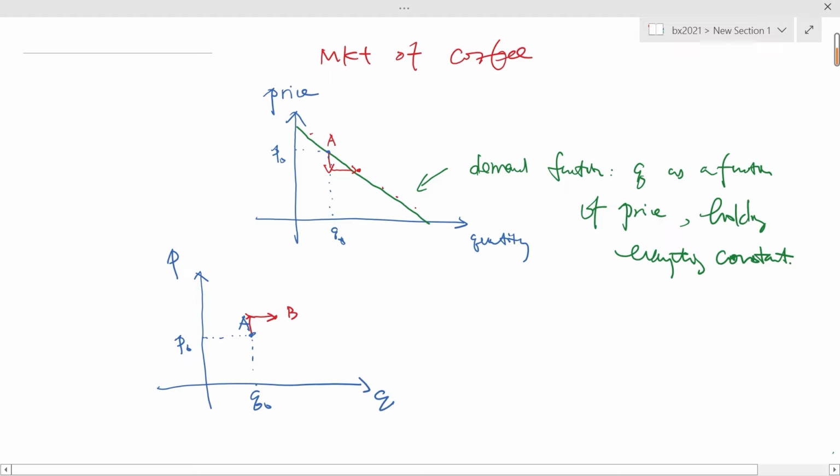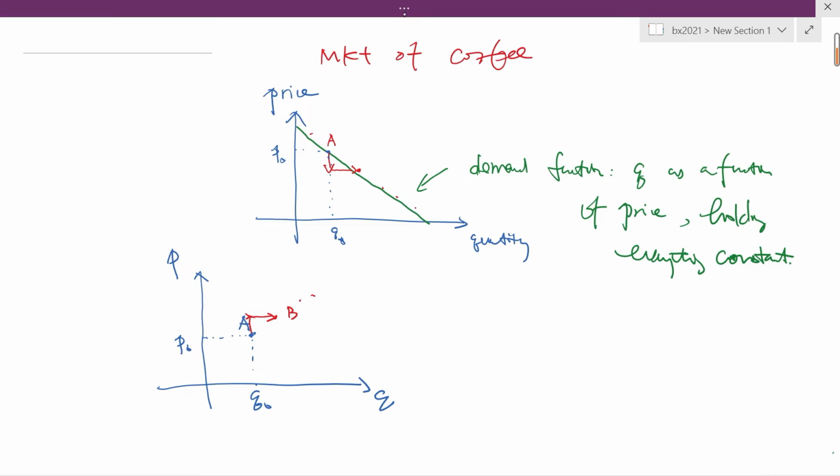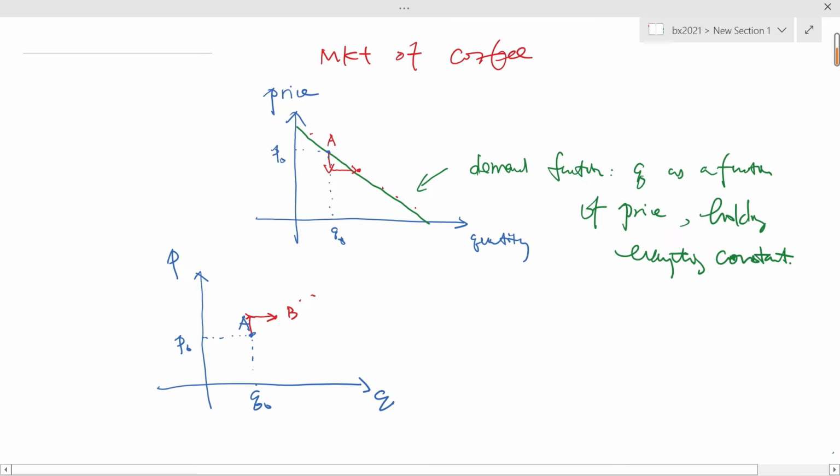If we repeat this exercise many times, we can have many points here. Let's link all these points together. We arrive at what we call the supply curve or supply function.